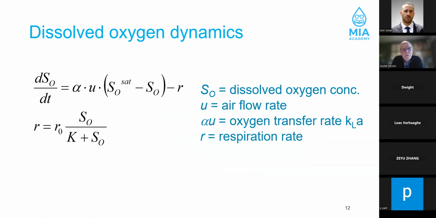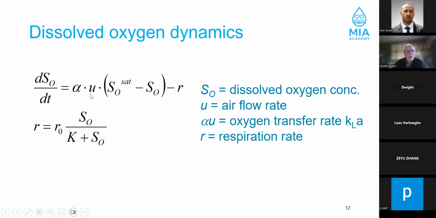Well, the dissolved oxygen dynamics was relatively well recognized already in the 1970s. And as you know, there is the airflow, in other words, the air supply, which will increase the DO, and the DO will decrease as a result of the respiration. And as I said, the respiration in itself depends on the DO level, here called SO.